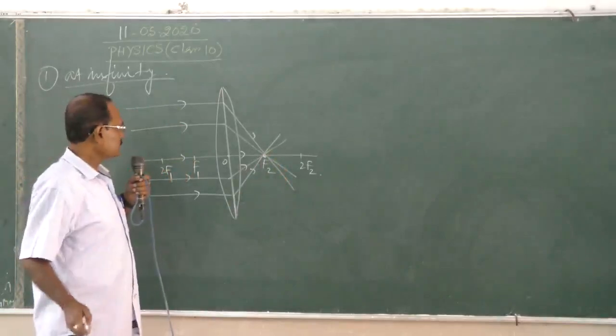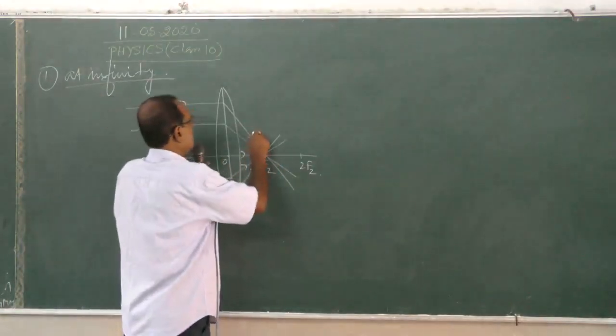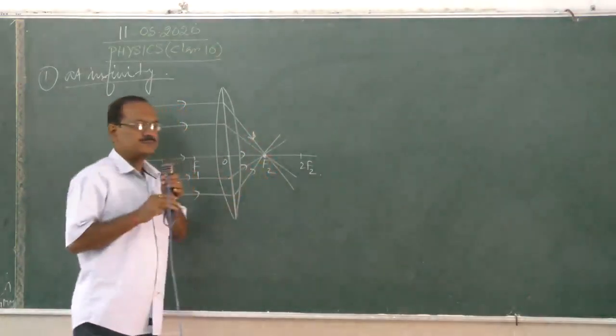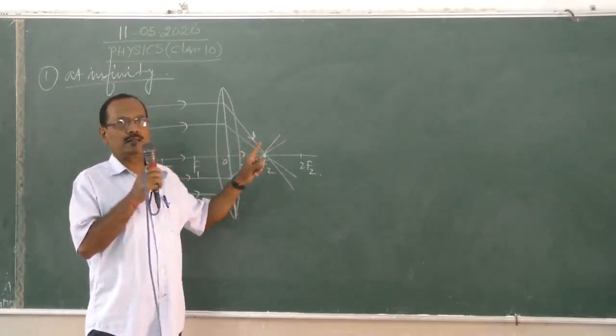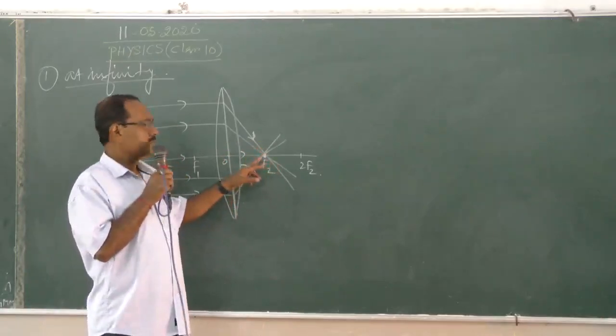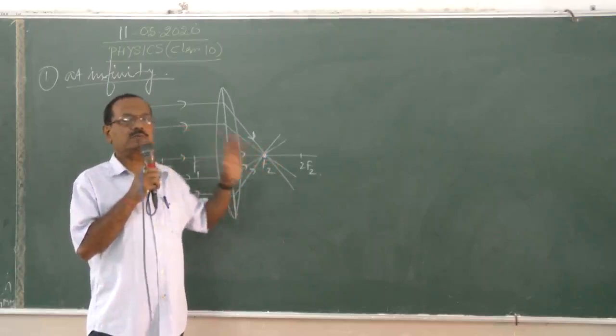Now, what are the characteristics of the image? First, the image is real. Number 2, the image is inverted.